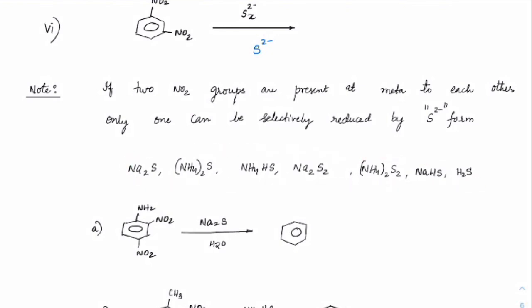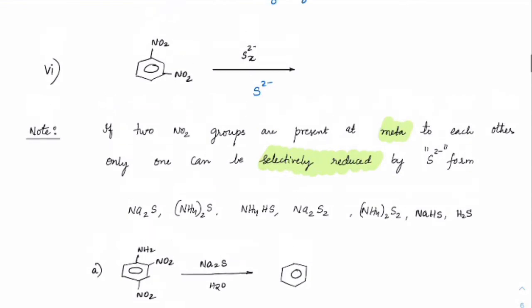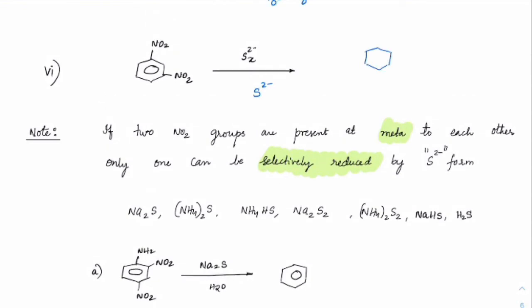Anything which can release S2- will give a selective reduction on the meta-positioned NO2. If ortho and para are given, no reaction is seen. Like if the question is given like this, NO2 and NO2, no reaction.